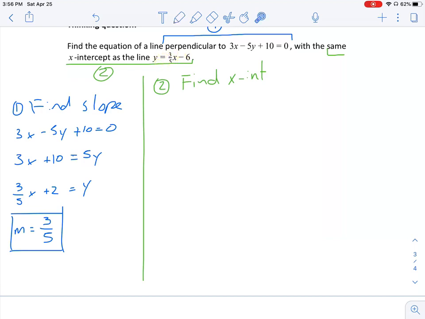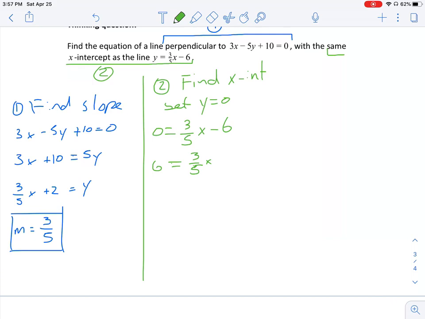So finding the x-intercept of this line. Okay, so when we find the x-intercept, we do something to the y value. So we would set y to 0. Set y equal to 0. Right? There's no y value, it's touching the x-axis. So that would be 0 is equal to 3 over 5x minus 6. Start to isolate for the variable x. 6 equals 3 over 5x.